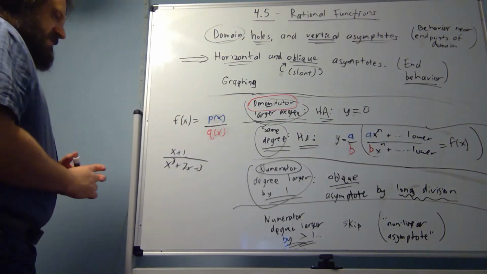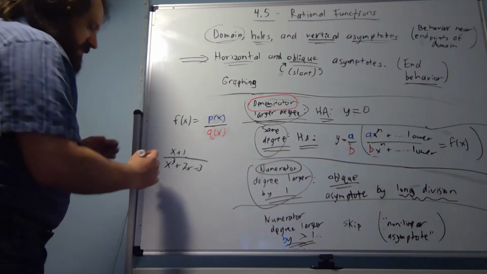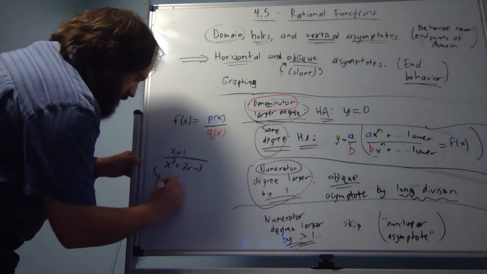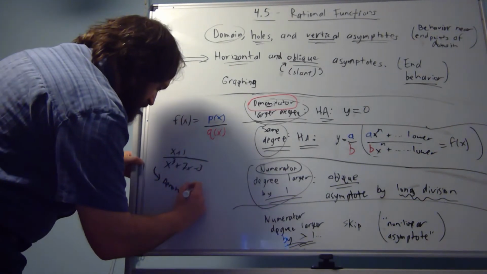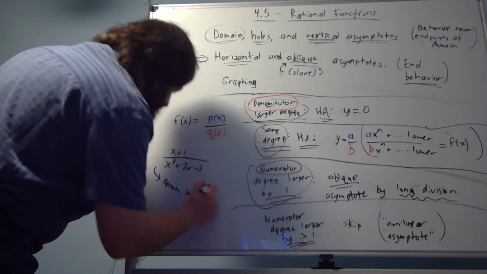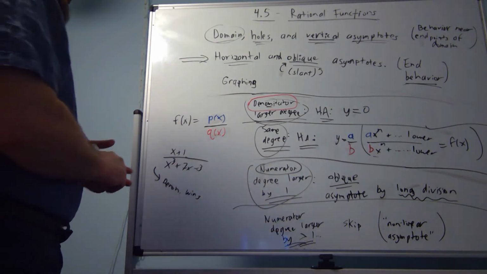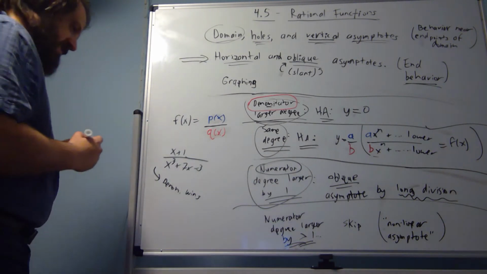The y values get super duper small, so you can think that the denominator wins, or the denominator grows much more rapidly than the numerator.